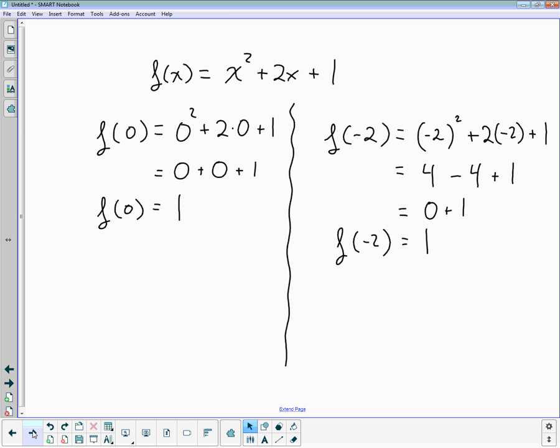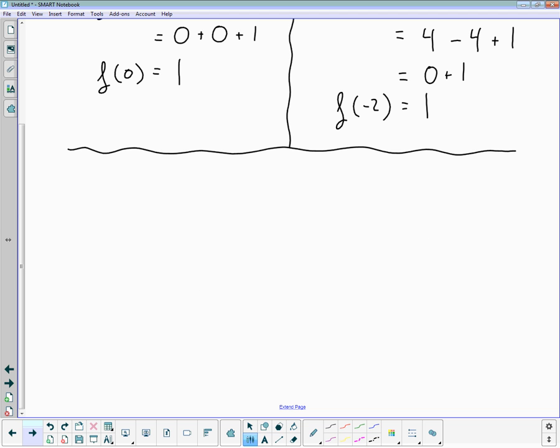Functions have one very important rule. And here's the important thing you got to know about functions.